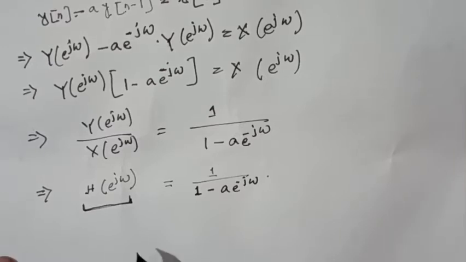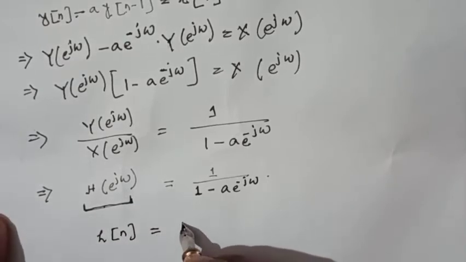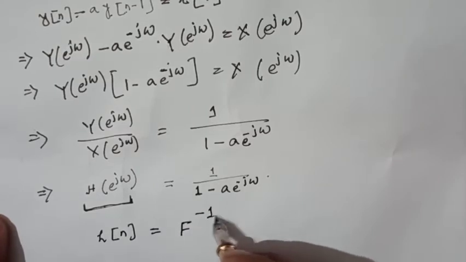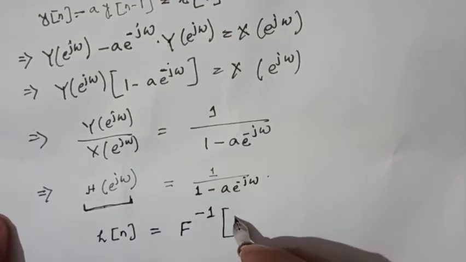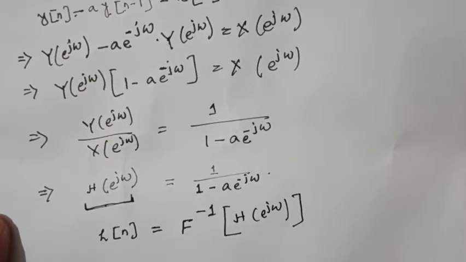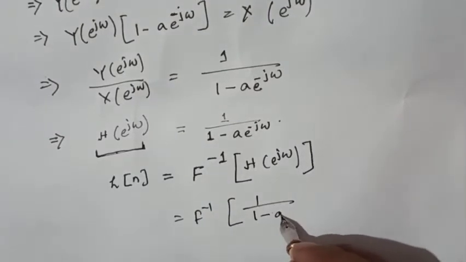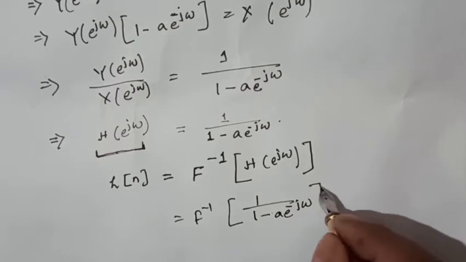Now from which we can calculate the impulse response as the inverse DTFT of H of e to the power j omega, that means here it is 1 by 1 minus a e to the power minus j omega.